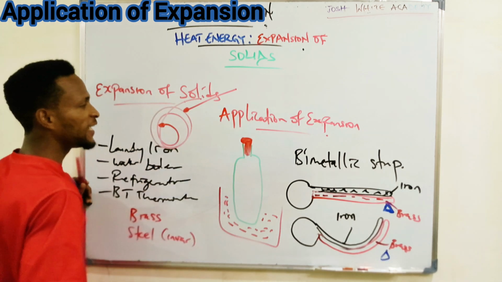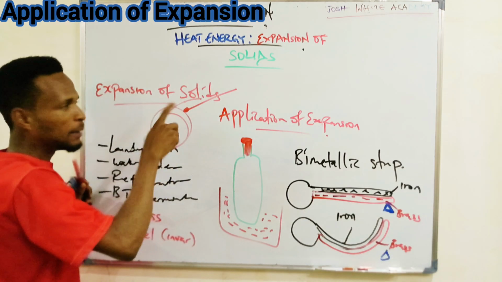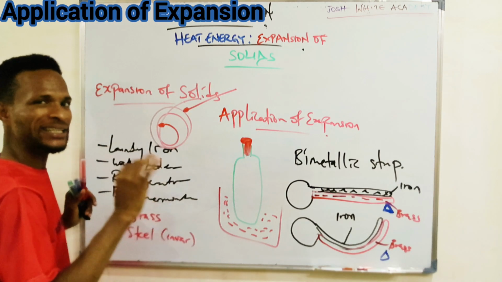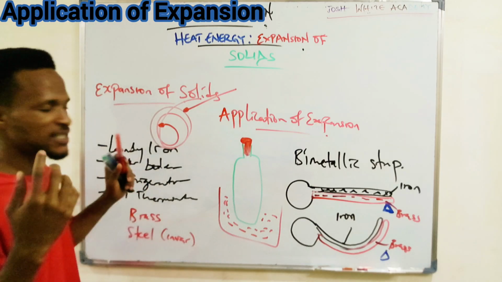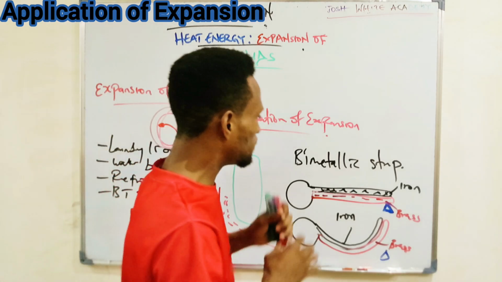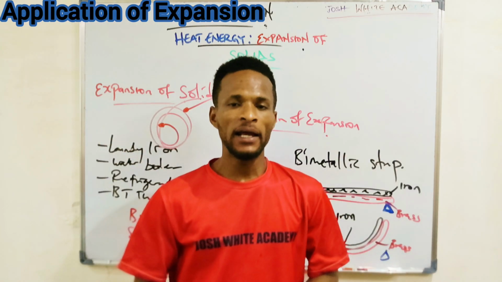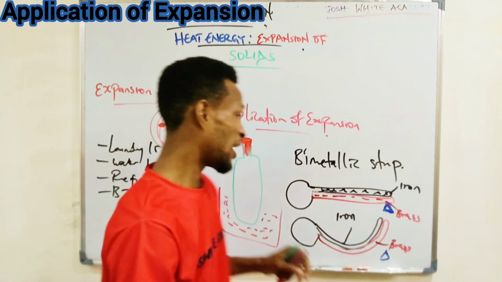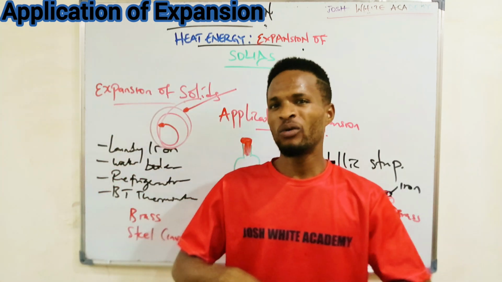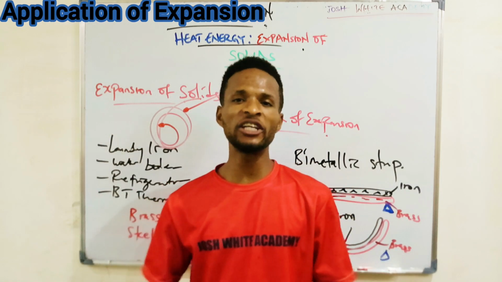So as the heat is increased, the brass begins to turn, making the pointer read on a calibration, thereby measuring the temperature of that body. So that is what classically the knowledge of expansion is used for in our laundering irons, boilers, refrigerators, and even the bimetallic strip thermometer.